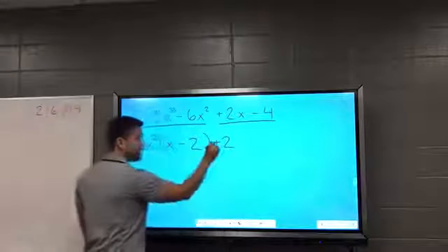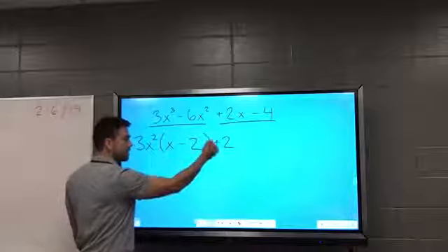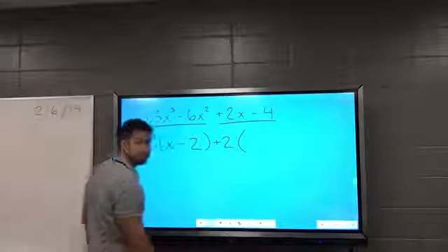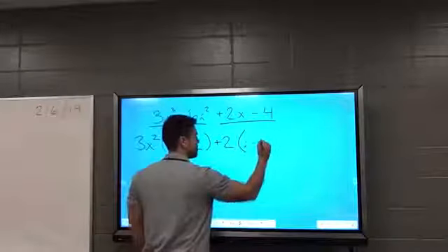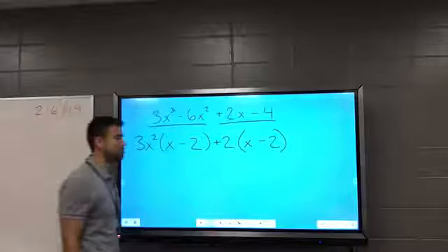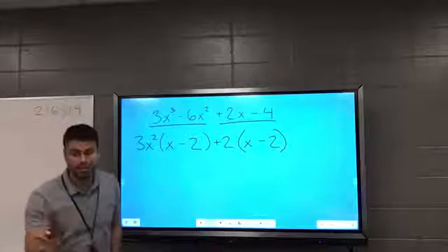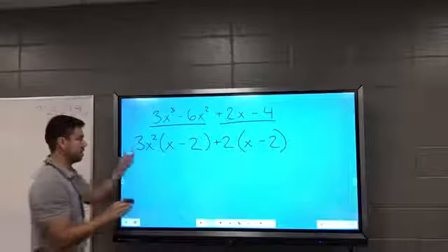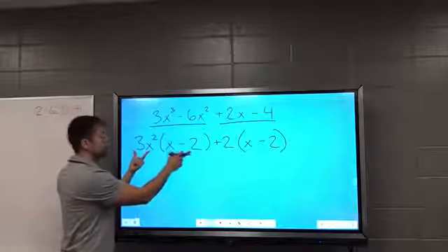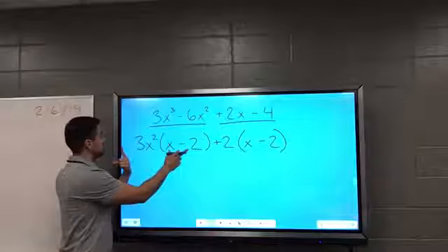Positive 2. Good. Notice I keep writing the sign because that's important. The only thing is, they're multiplying, right? Those things are multiplying together: 3x squared and x minus 2, multiplying, and then 2 times x minus 2, are being added.